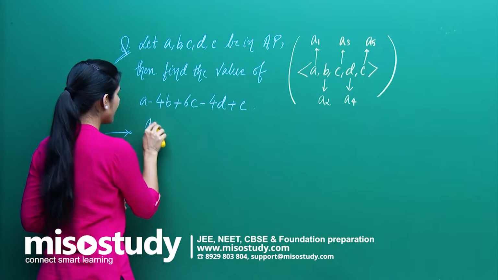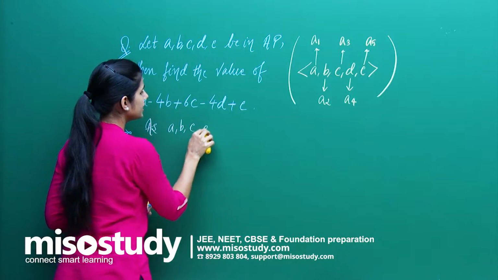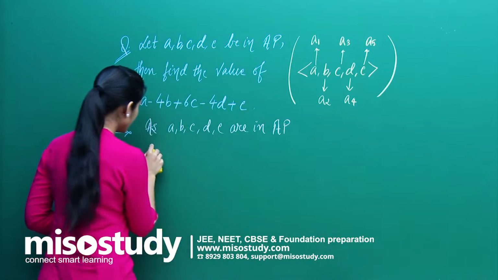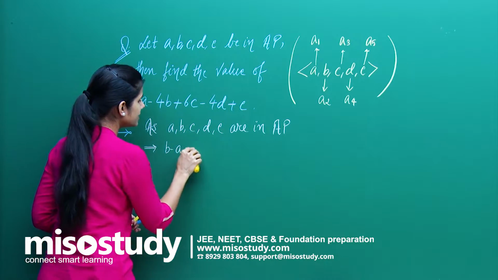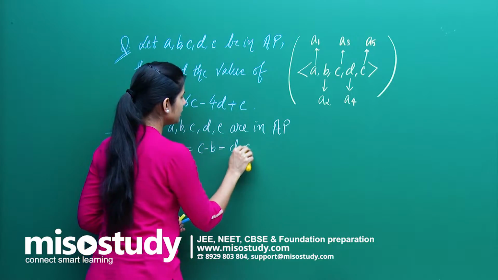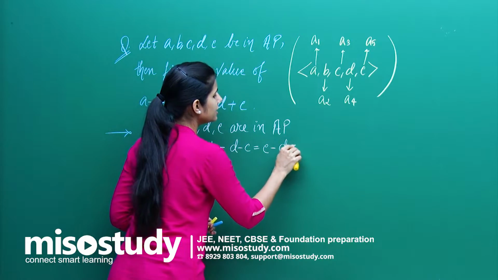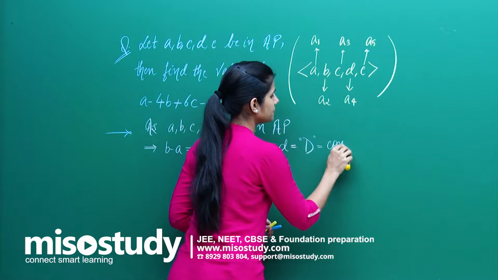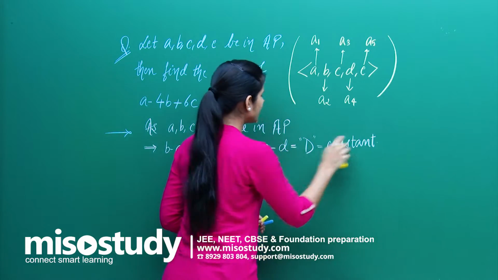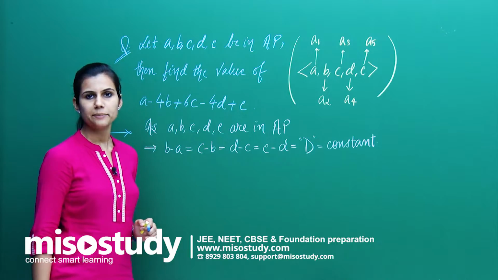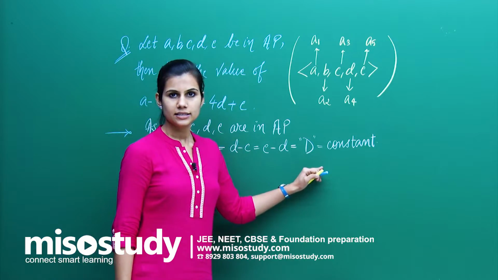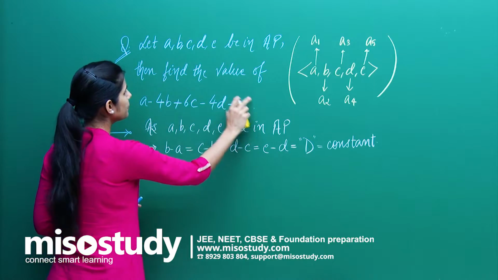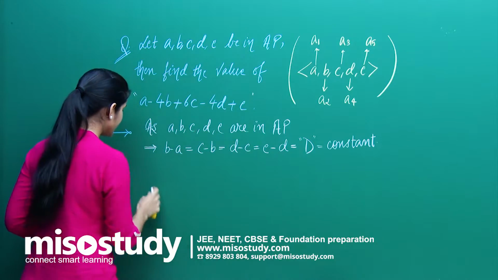So as A, B, C, D, E are in AP, this implies B minus A is equal to C minus B is equal to D minus C is equal to E minus D. Suppose this is equal to the common difference D. Because small d has already been used, that's why I denoted common difference by capital D. I don't know what capital D is. Now, I have to compute the value of this expression. Let's write it down.